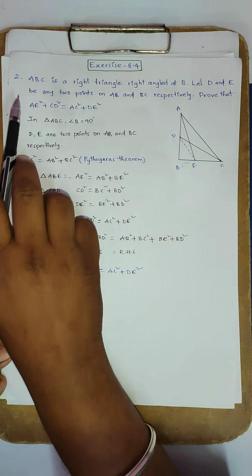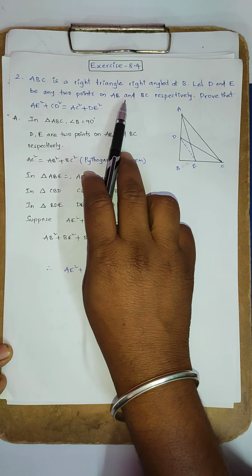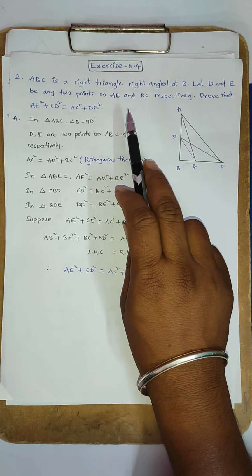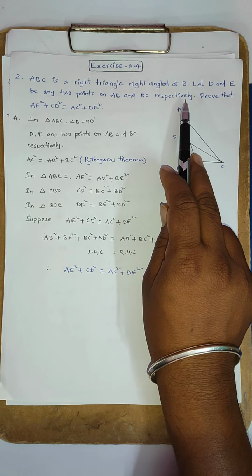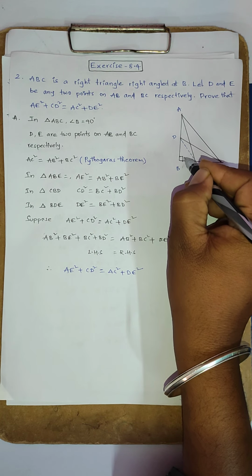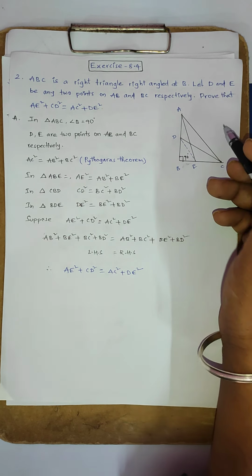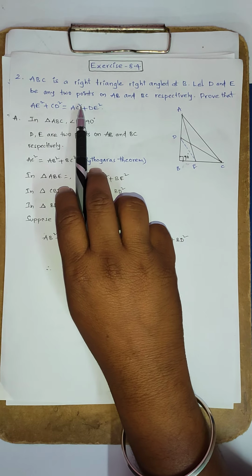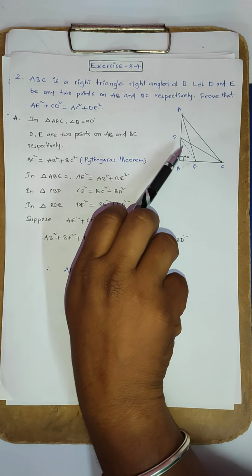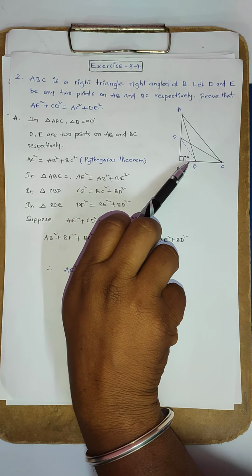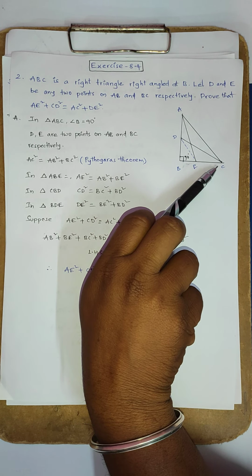Second problem. ABC is a right triangle, with the right angle at B. At point B there is a 90 degree angle. Let D and E be any two points on AB and BC respectively.